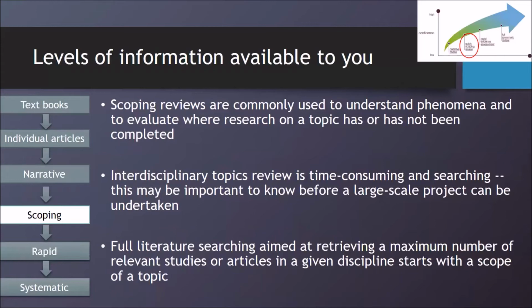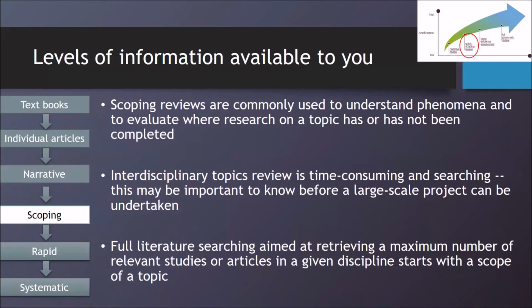A scoping review is also undertaken in reviewing interdisciplinary topics, where review is time consuming and searching is also time consuming. And this may be important before doing any large scale projects.